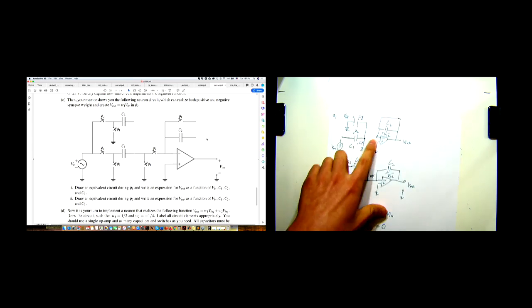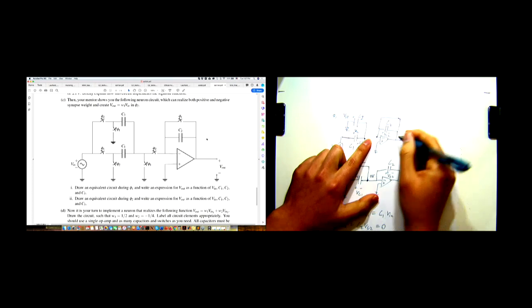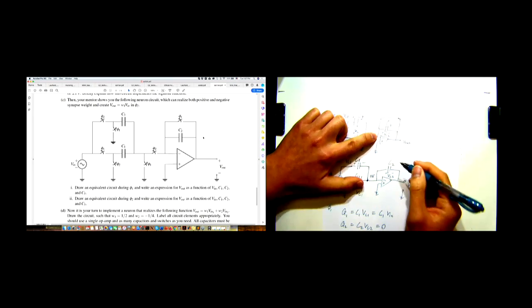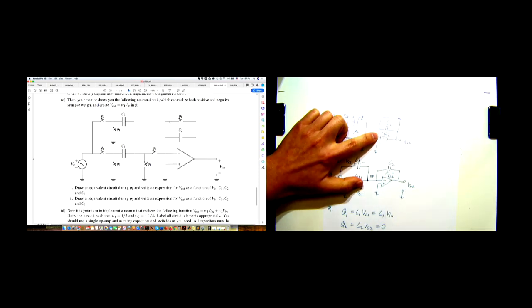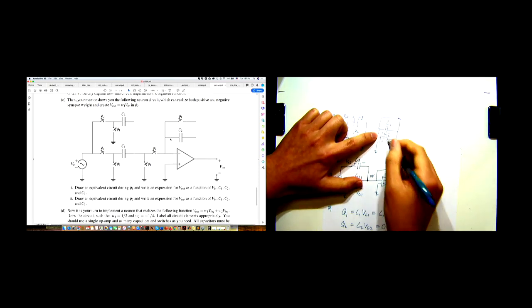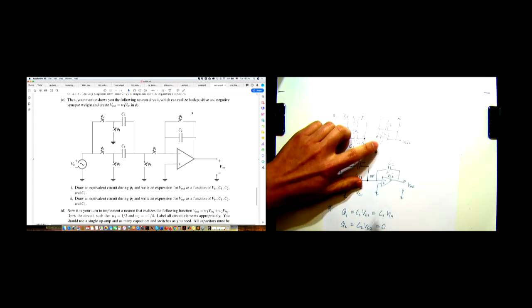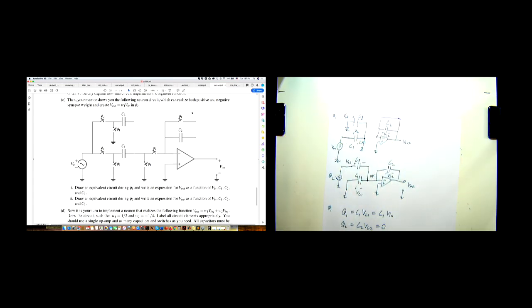Yeah. We noticed in phase 1, our output is directly connected to the input, or the negative terminal, so this topology is like a buffer, but then our positive terminal is grounded, so Vout is 0.